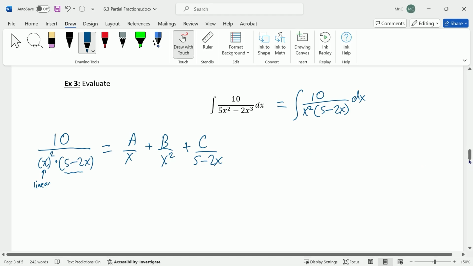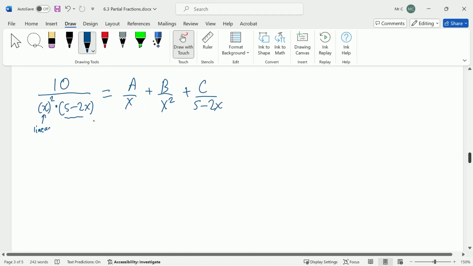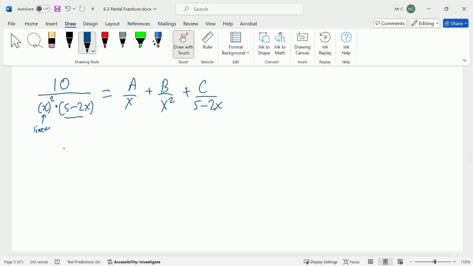Now we go to our next step, which is to find our common denominators and simplify our expression. Remember, I said I was going to skip that part because we know what's going to happen. I'm going to multiply a by the missing factors. I'm missing one factor of x, and I'm missing 5 minus 2x.